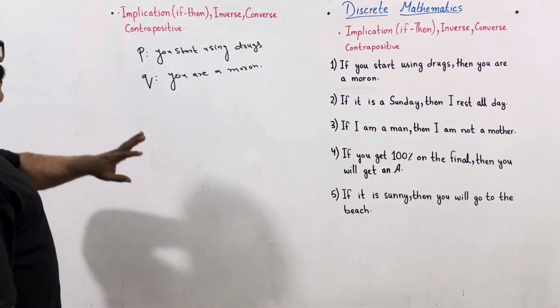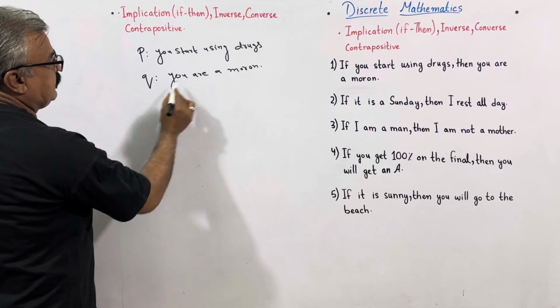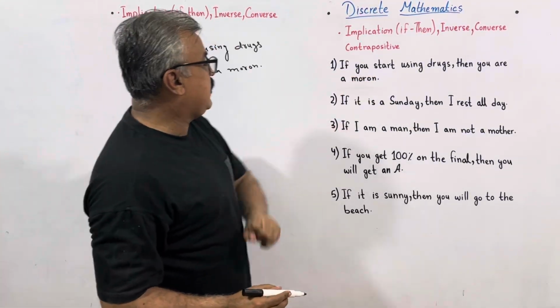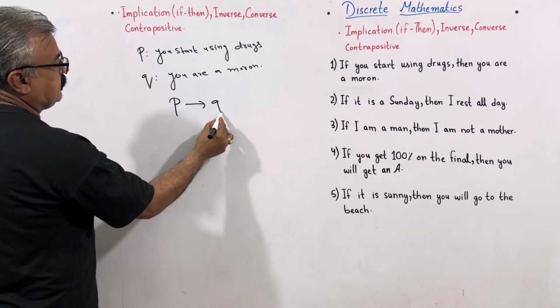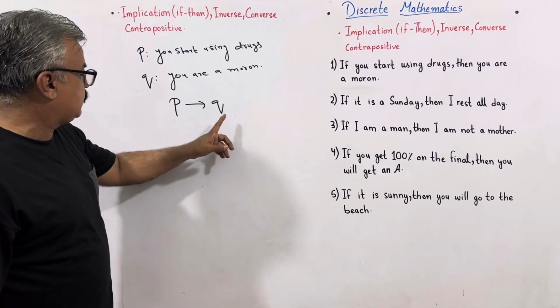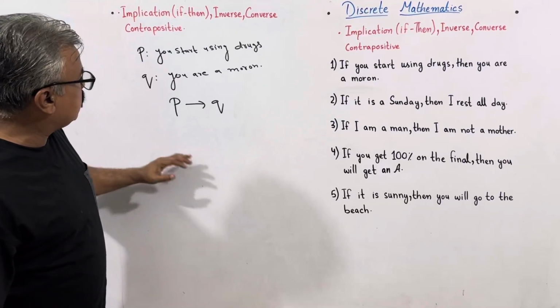How to write this in implication? Simply, that's the if, that's the then. If you start using drugs, then you are a moron. It means P implies Q. P is sufficient for Q. This is one way of reading implication.